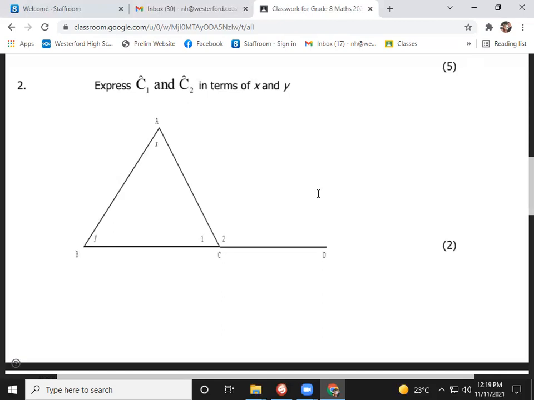X plus Y, the sum of the opposite interior angles. That's a lot shorter. So C2 is going to be X plus Y, which is what you also get if you do 180 minus this whole angle. It will just take you much longer. So C2 is X plus Y, exterior angle of triangle.